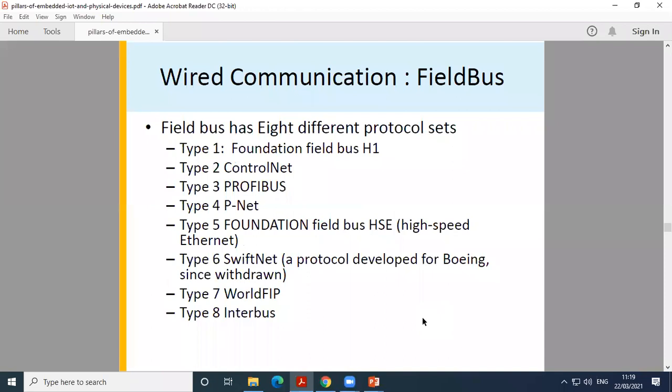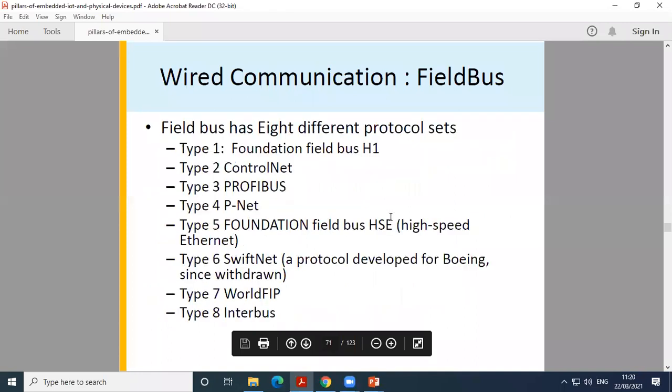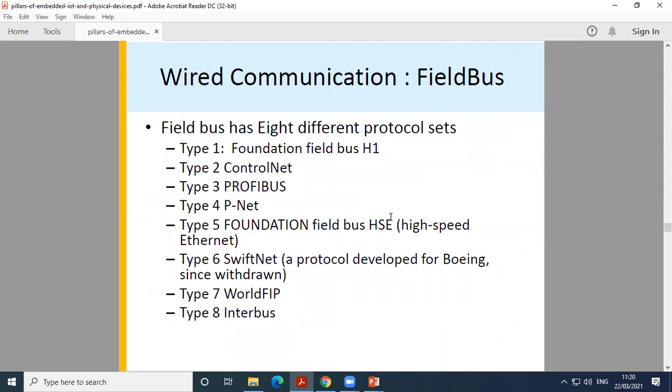And if we are talking about standardization, field bus is standardized as IEC 61158. Here you can see that it is standardized as IEC 61158. The standard includes 8 different protocols, or we can say types, from type 1 to type 8.